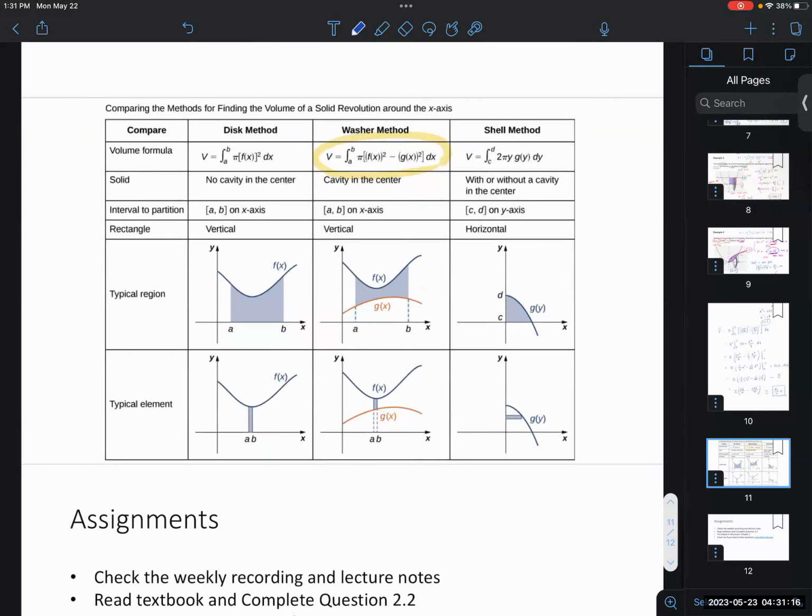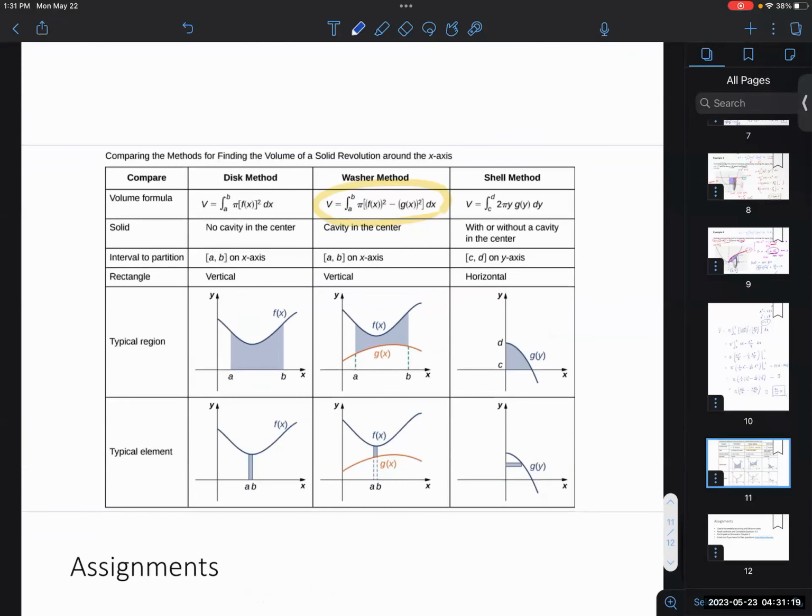If you want to rotate around the y-axis, the formula will be volume equals pi, integral from c to d, of f of y squared minus g of y squared, dy. You can write pi either in front or elsewhere. So there are two cases for each of the disk and washer methods: whether you rotate around the x-axis or the y-axis. So when you write down the x-axis rotation, think about the y-axis rotation as well.